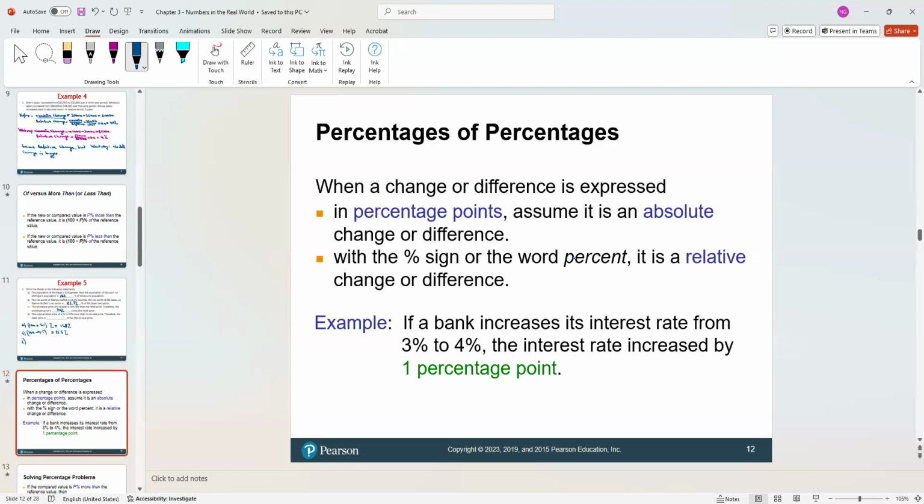The interest rate increased by 1 percentage point, but the relative change in the interest rate is something different. You need to do the relative change. Remember relative change: take the new value minus the reference value, the absolute change, over the reference.